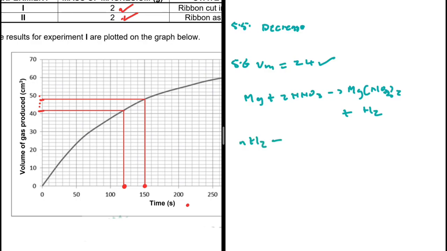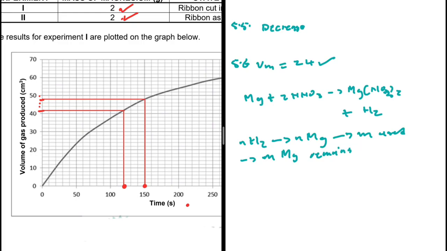With the number of moles of the gas produced, we can find the number of moles of magnesium used. With this number of moles of magnesium used, we can find the mass used, and with the mass used and the initial mass that we have, we can find the mass of magnesium that remains. Okay, so these are the steps that we need to take.